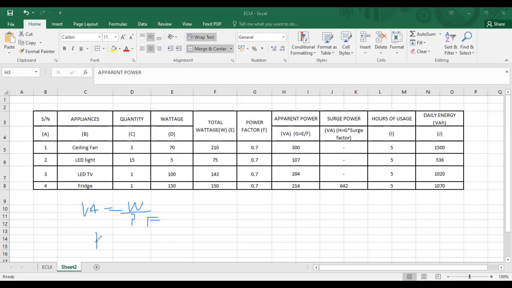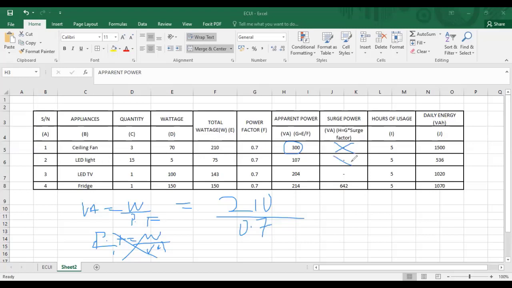Because I told you that power factor is watt divided by VA. So if you do a cross multiplication, your VA will be total watt divided by power factor. So now we are looking for VA here. How do we get this 300? That is 210 divided by 0.7.